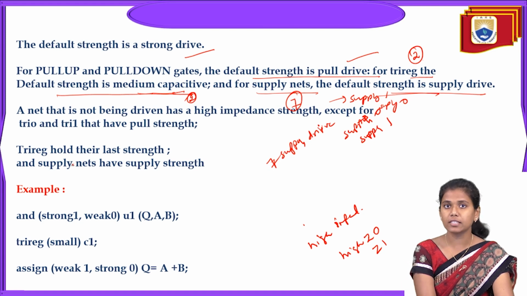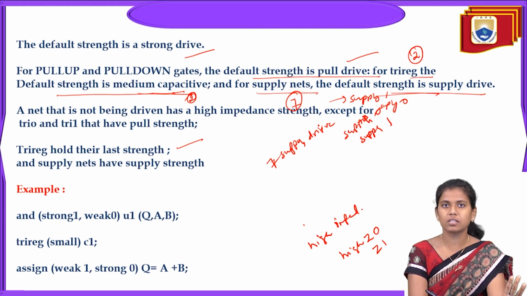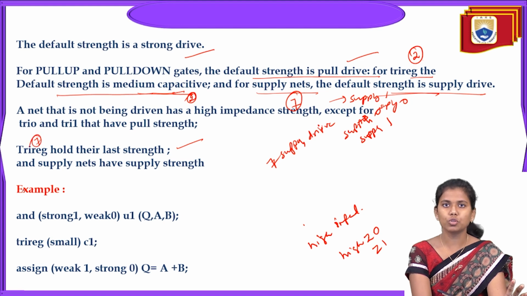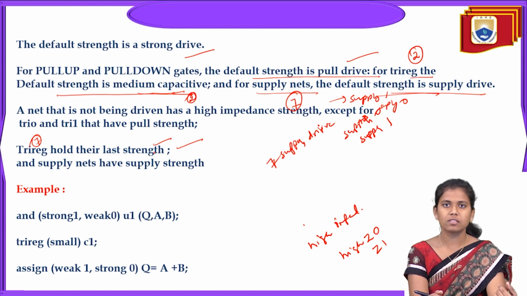And Trireg nets hold their last strength. Usually, these variables hold the last strength. In the execution, they hold the previous strength of a particular signal. And supply nets have supply strengths.